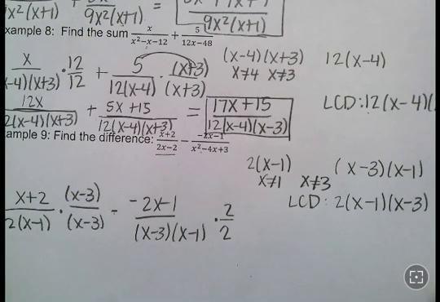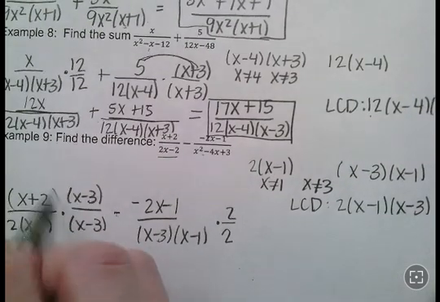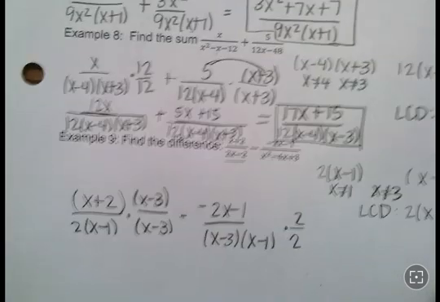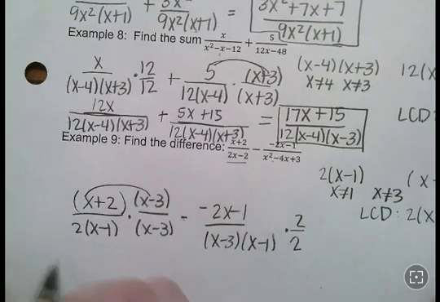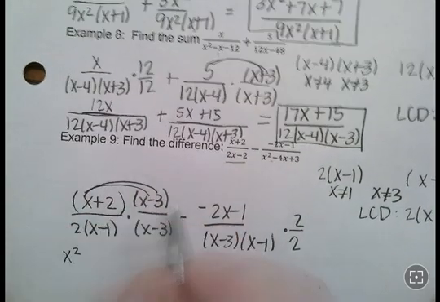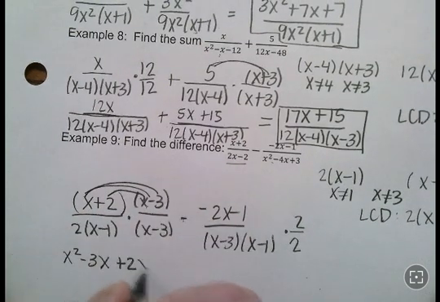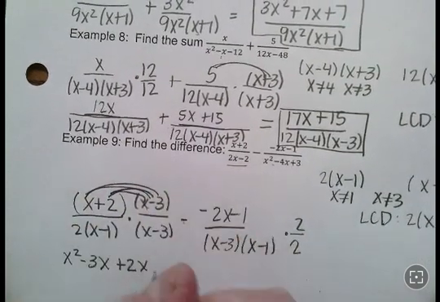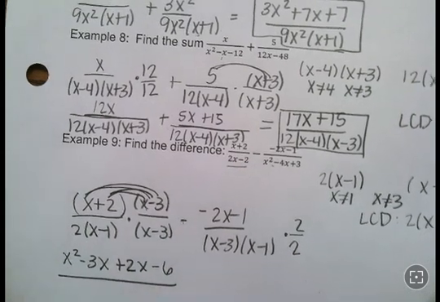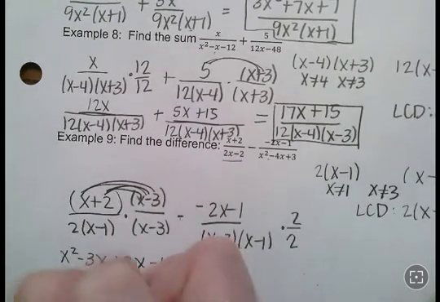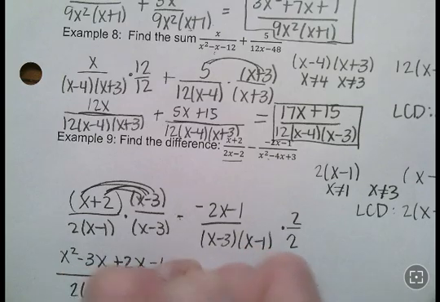Okay? Now this gets interesting because this is a binomial times a binomial, which means you have to FOIL. So we've got x and x, which is x squared, x and a 3, which is a negative 3x, a 2 and an x, which gives us a plus 2x, a 2 and a negative 3, which gives us a negative 6. And we've got that denominator of 2 times x minus 1 times x minus 3.